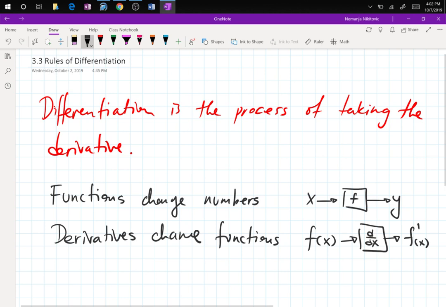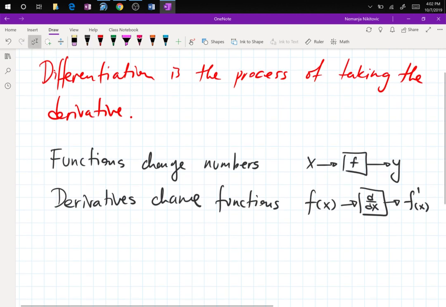So that's very important. The earlier example that we just saw, I believe it was an example, right? It was that the derivative of 2x squared plus 2x was 4x plus 2.